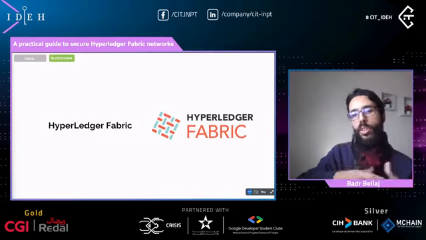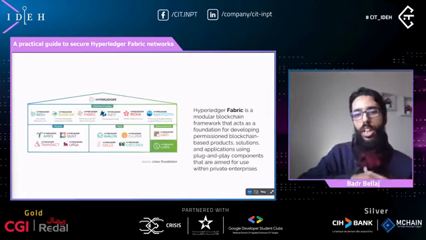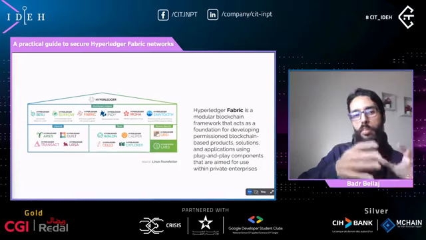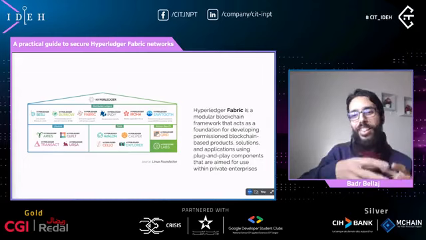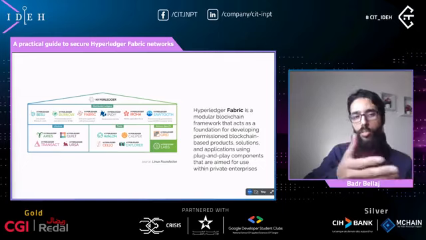So now let's have a look at Hyperledger Fabric, which is the main topic of our presentation. Of course, Hyperledger is an umbrella project, forgive me, an umbrella project of the Linux Foundation for blockchain technologies. Currently, it consists of more than 15 projects. You can find them in this picture.